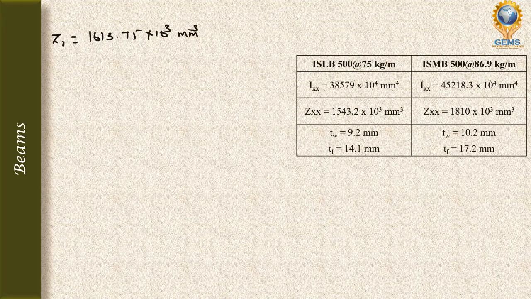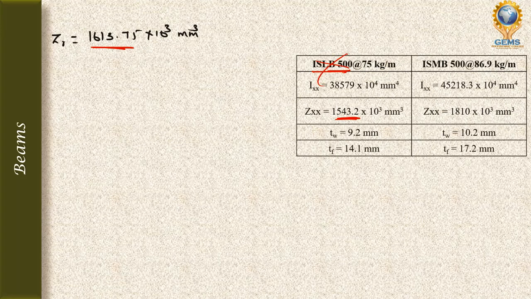So we have to check this required section modulus with the available section modulus. In the ISLB 500 it is lesser, so we can't go with the ISLB 500.